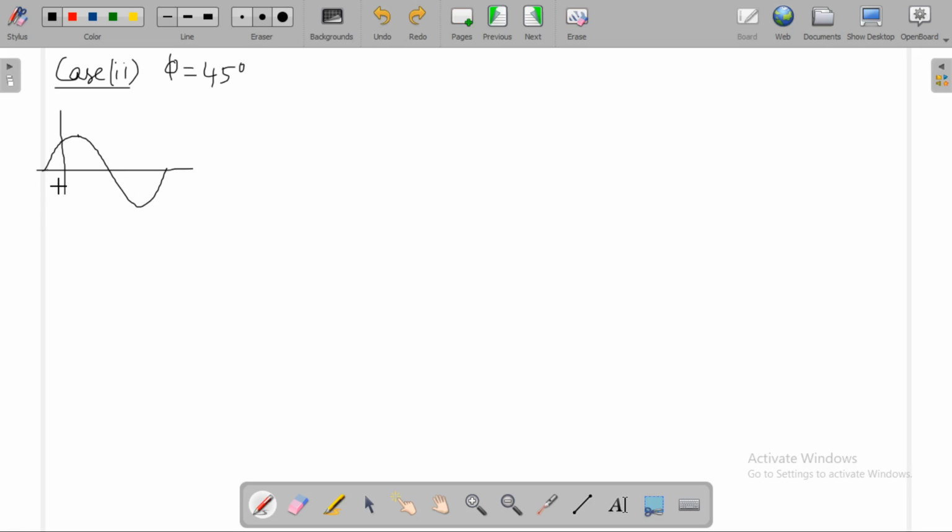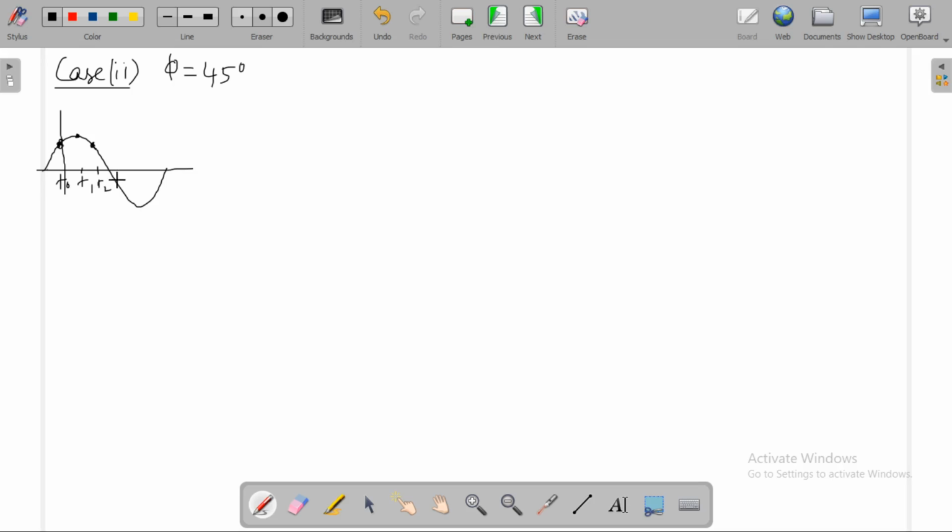T naught, T1, and this will be T2. This and this both will be equal.